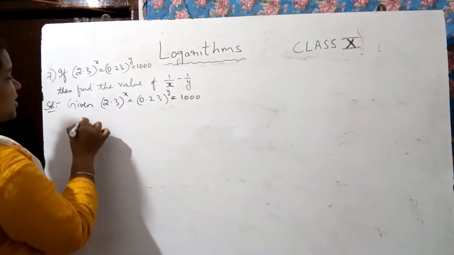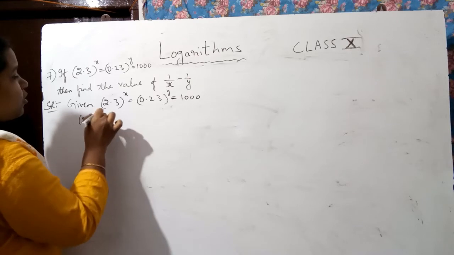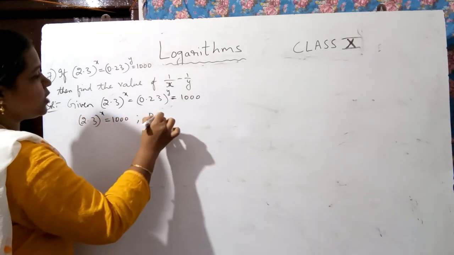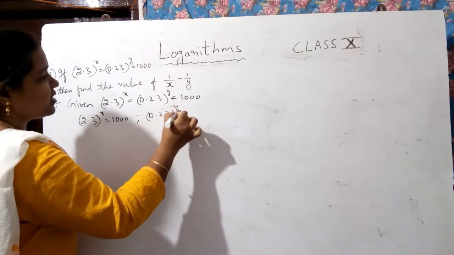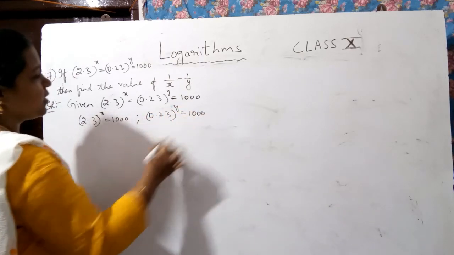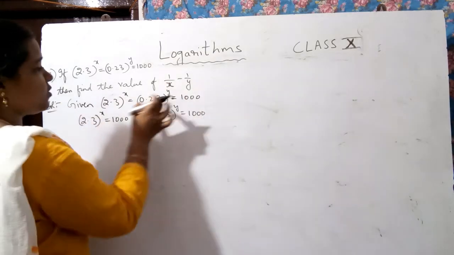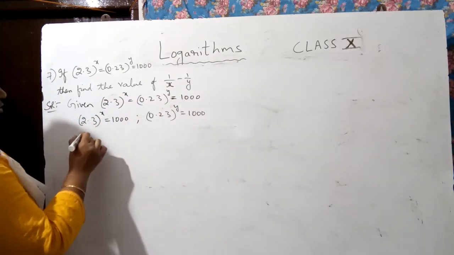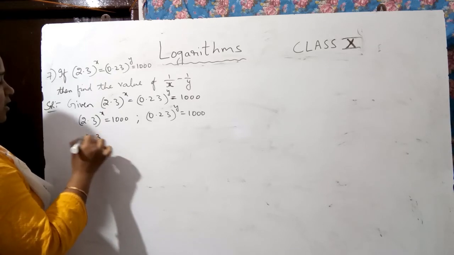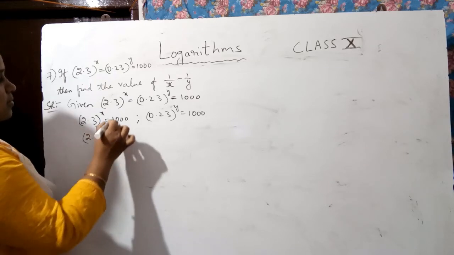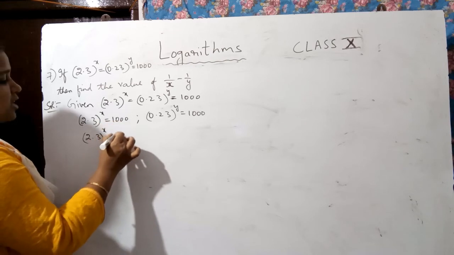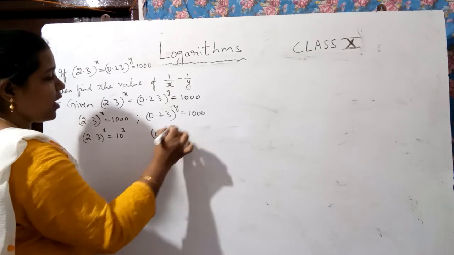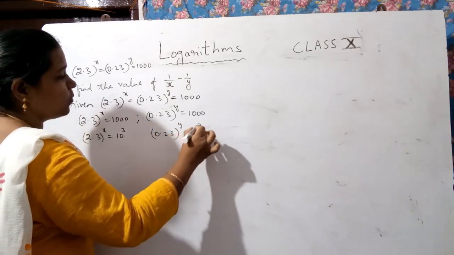So we can write this separately as 2.3 whole power x is equal to 1000 and 0.23 whole power y is also equal to 1000. Now 1000 is nothing but 10 cube. Similarly, 0.23 whole power y is equal to 10 cube.